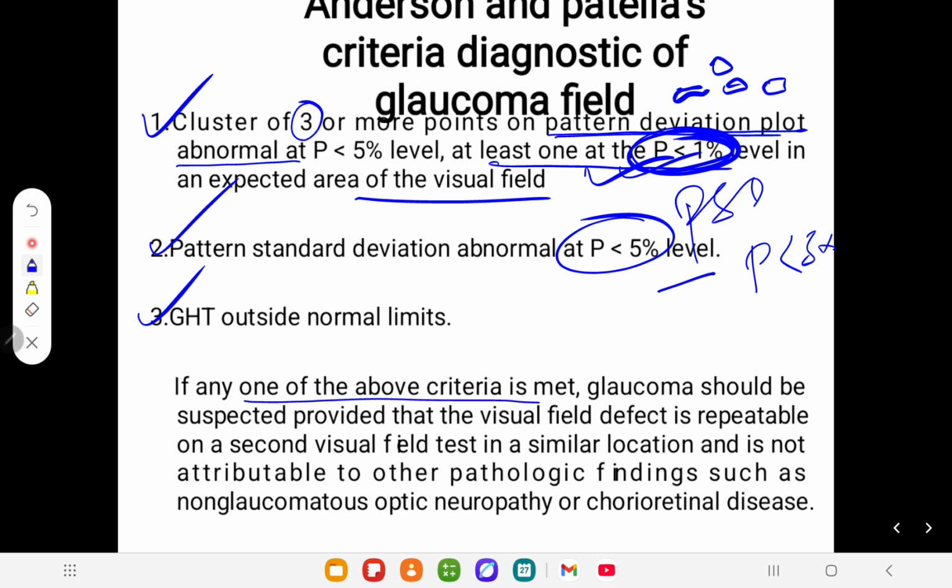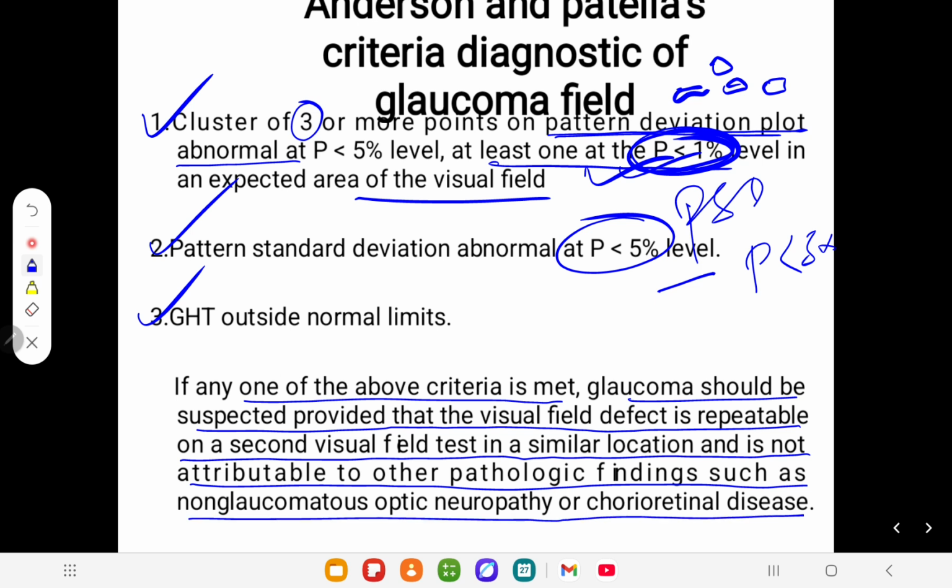If any one of the above criteria is met, glaucoma should be suspected, provided that the visual field defect is repeatable on a second visual field test in a similar location, and it's not attributable to other pathological findings such as non-glaucomatous ophthalmopathy and choroidopathy. Basically it means, if any criterion is met, then you definitely keep that criterion in your head, and you take a follow-up visual field test, and again you check for that particular criterion, whether it is repeated or if there are any changes. Okay, that's very crucial that you consider Anderson's criteria.